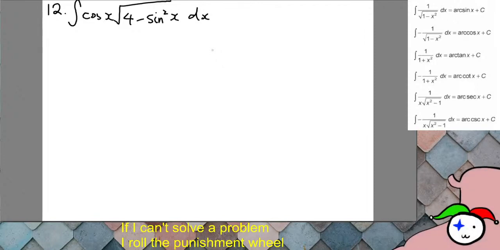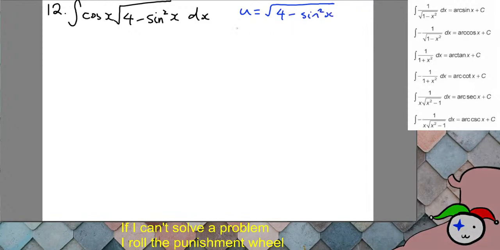I guess it's also 3 plus cos squared x. Let's say, because I have no confidence in this, what if we just let this happen?